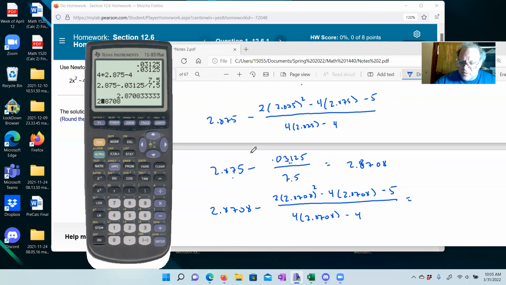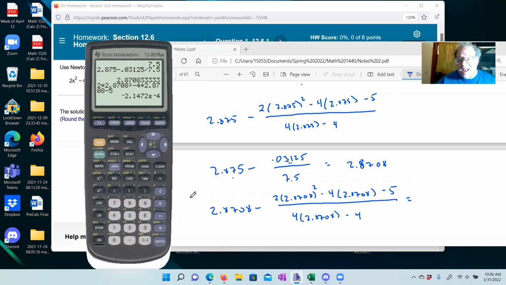Actually, let's go ahead and do this. We have 2 times 2.8708 squared, minus 4 times 2.8708, minus 5. Let's just see what that is.